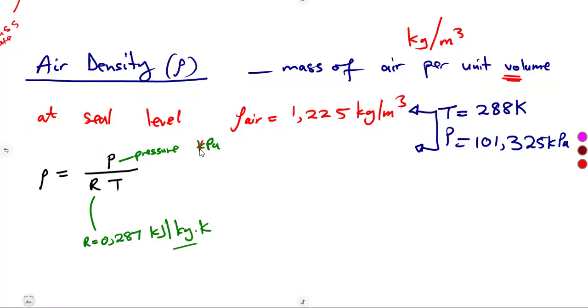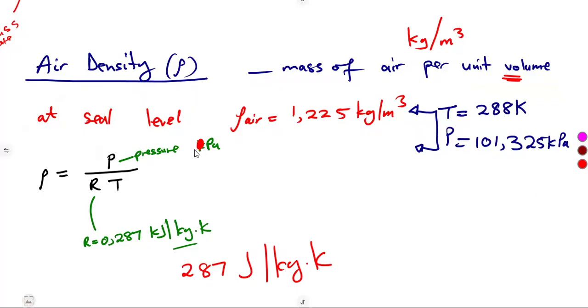When you have pressure in pascals without the kilo, then we must not have the kilo there. It means you will use 287 joules per kilogram Kelvin when you take your pressure in pascal.